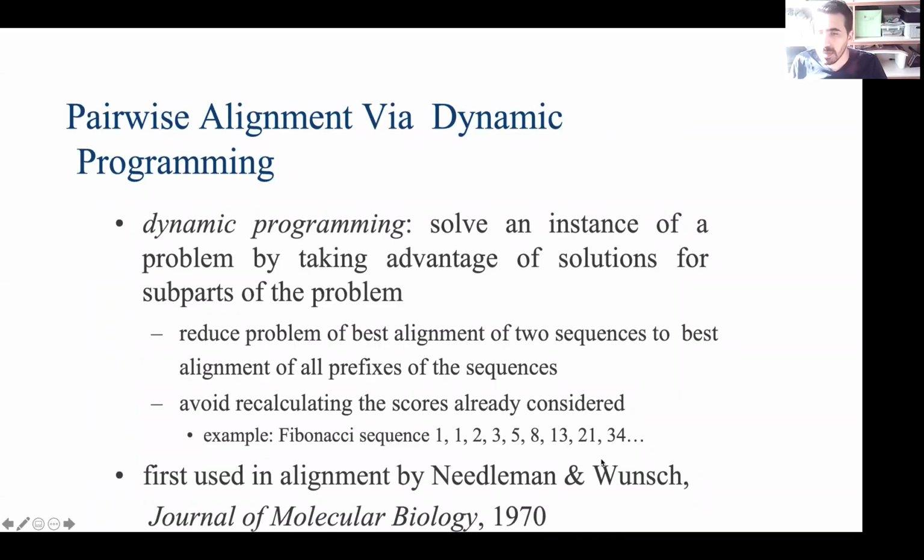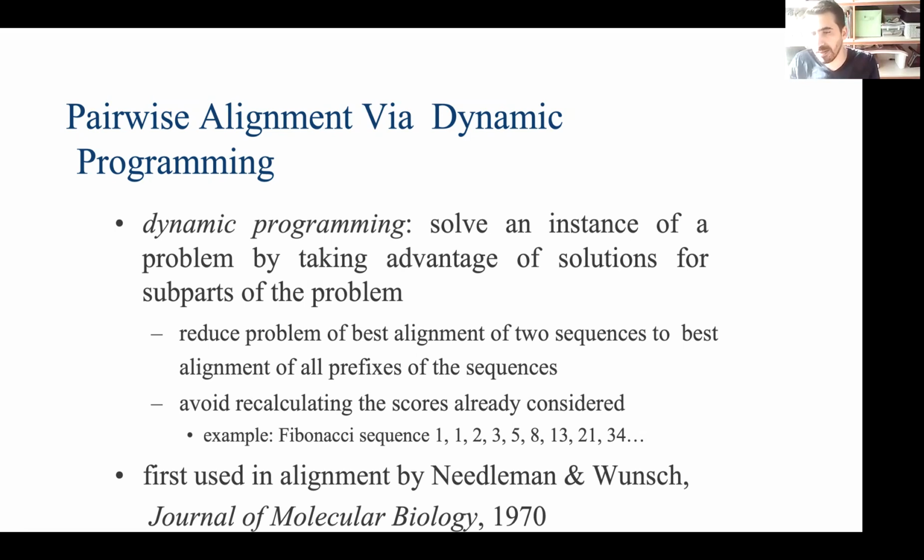Then dynamic programming comes in. We will not really get into much detail, but basically dynamic programming takes advantage of solutions for the subparts of the problem. What does it mean? You calculate some instances, then you get the most likely path and you just build upon that.